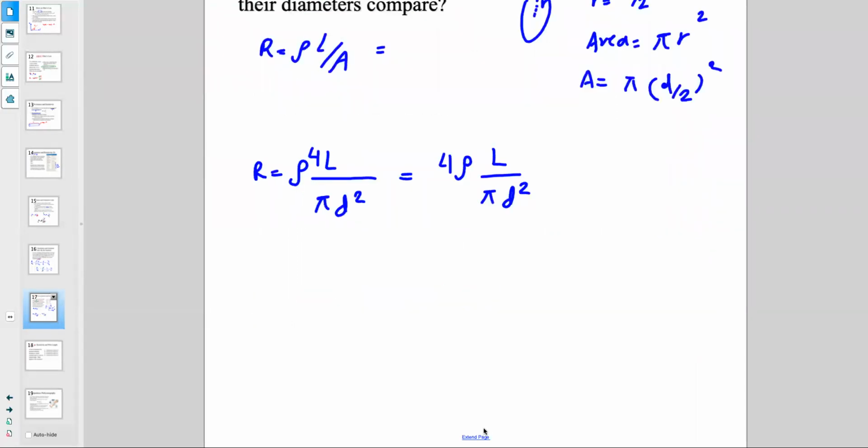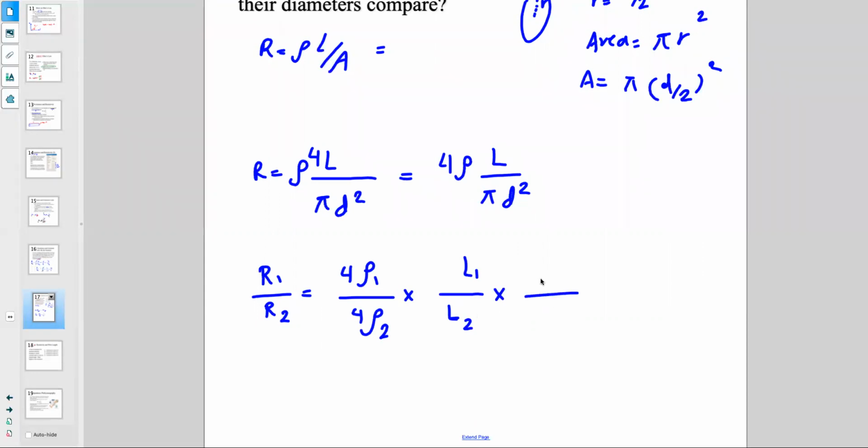Now, if you want to compare that, you will have R1 over R2 equal to 4 rho 1 over 4 rho 2, times L1 over L2, times, pi will cancel out, right?